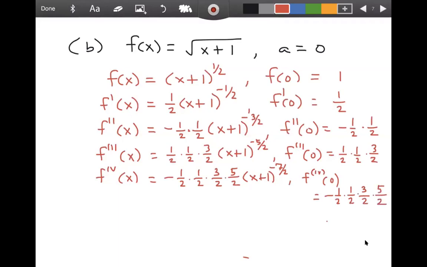Okay, so it looks like we have a pattern for the nth derivative at 0. So let's talk about the easy part first. Well, there's actually two easy parts. First of all, it has an alternating sign, at least starting at n equals 1.